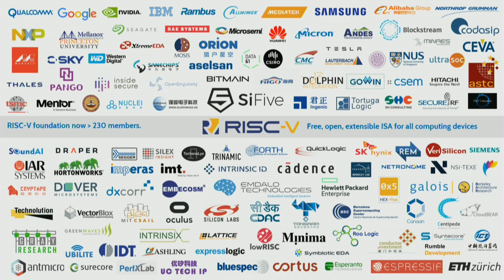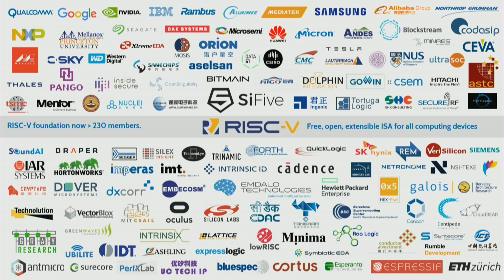Two years ago, when I first looked into RISC-V and SiFive, the RISC-V Foundation had around 60 members. Now, 4 years after the public announcement of RISC-V, that number has increased to over 230 members already.